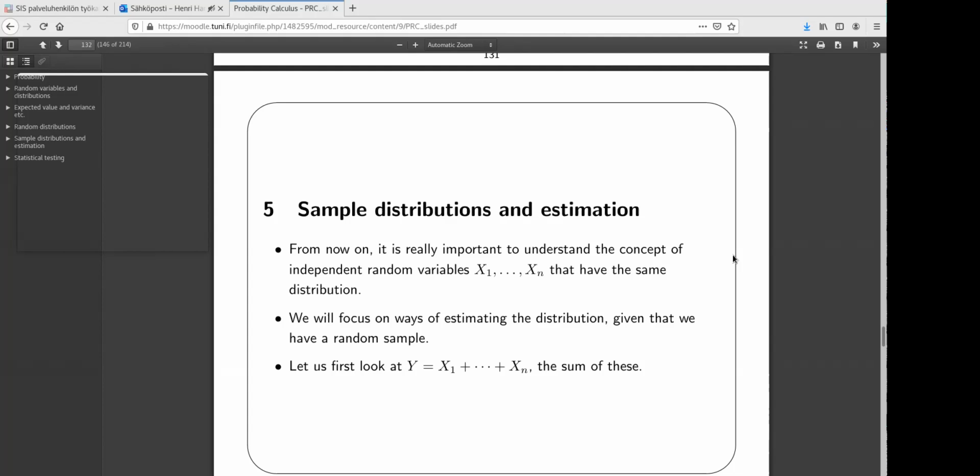When we know the original distribution, that random variable will follow some distribution, and we look at what happens to that distribution.